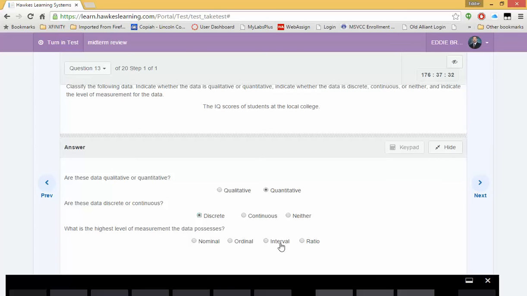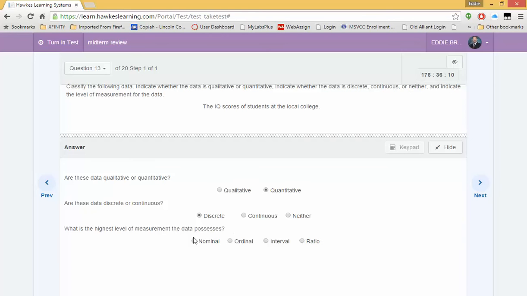And then, what is the highest level of measurement the data possesses? Nominal, it's more than just a category. Ordinal, you can order them, and the order has meaning, really, it does. So interval, now this is a close call between interval and ratio.